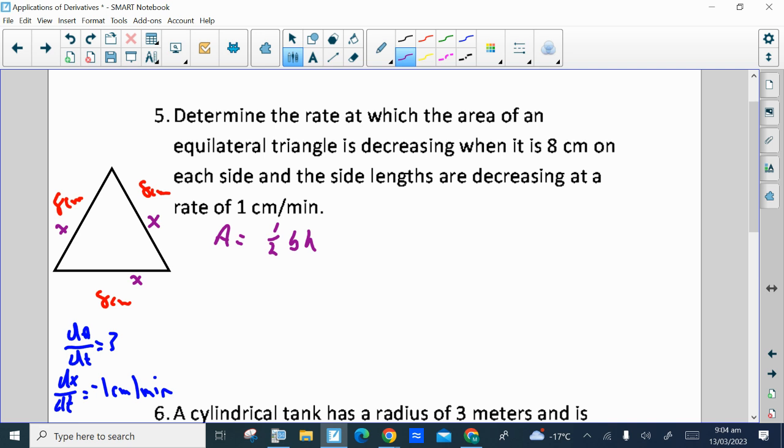Now it's changing, right? But our equation will involve x because we're given dx by dt. But we cannot have the variable h in there. So we need to do some work here to write h in terms of b, the base, or h in terms of x. That's what we need to do. So that side there represents h, the height of the triangle.